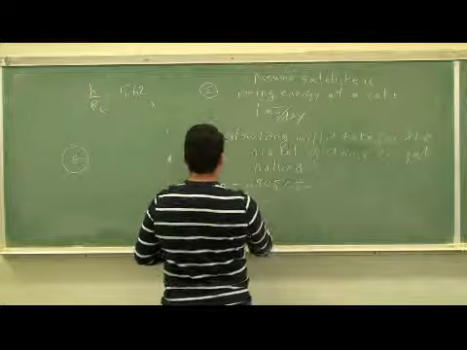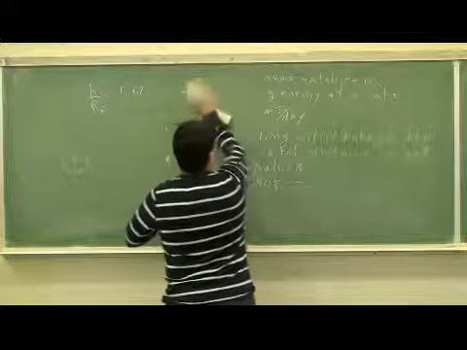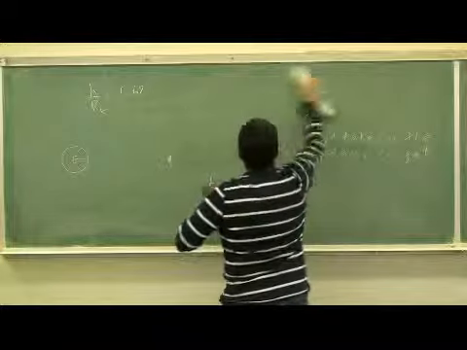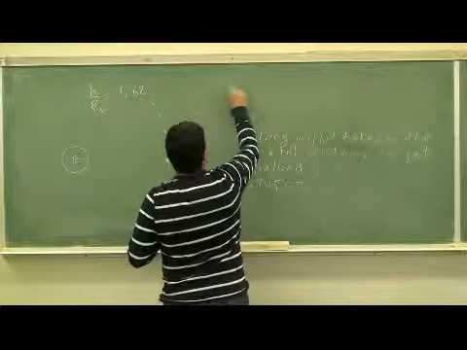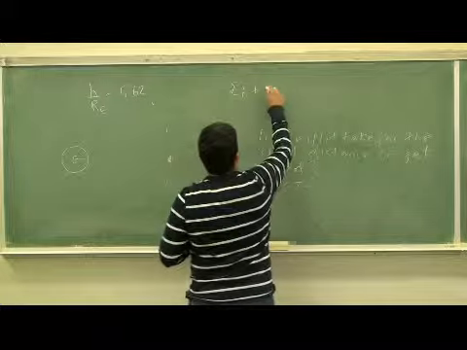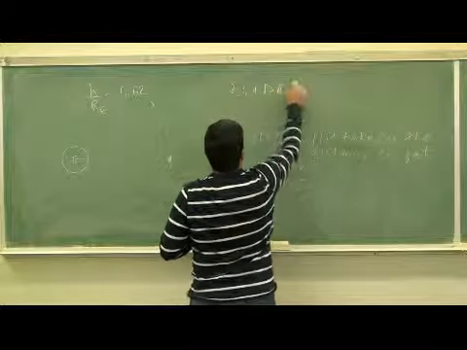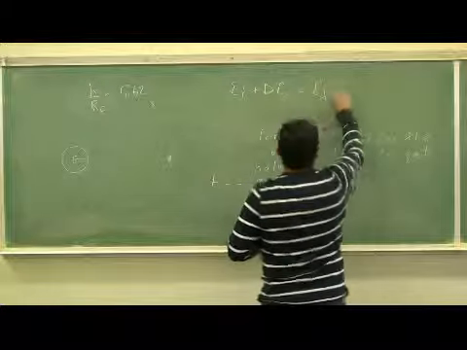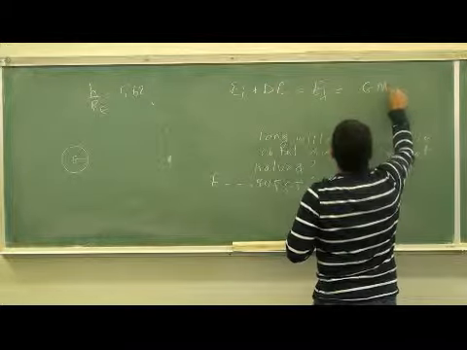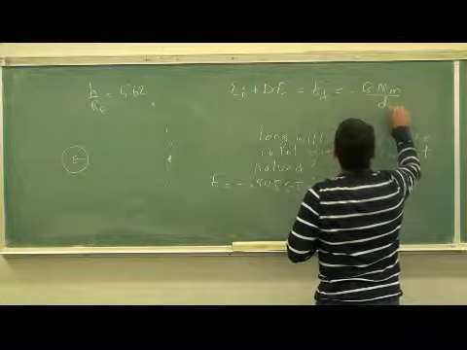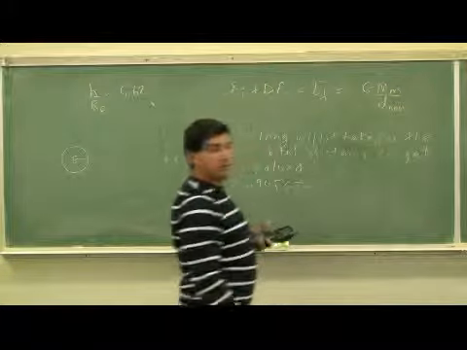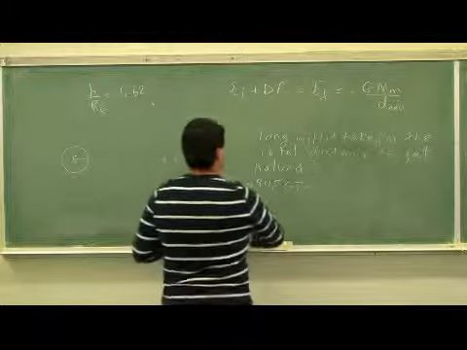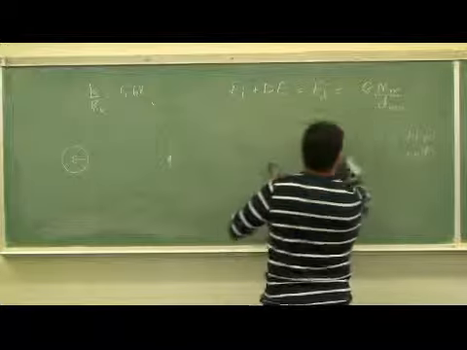So we can say like this: E initial plus the change in energy, the loss of energy, is equal to the E final, which equals negative GMm over d new, the new d. Right? So that's going to be our setup there.